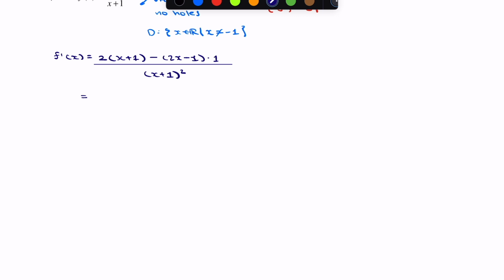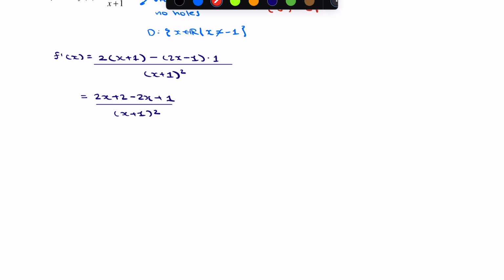So here, if we expand it out, we get 2x plus 2 minus 2x plus 1 over x plus 1 squared.